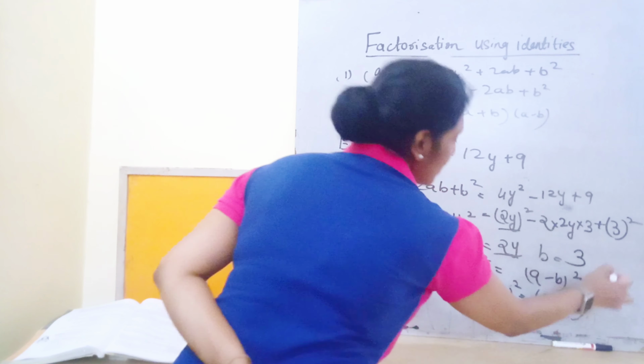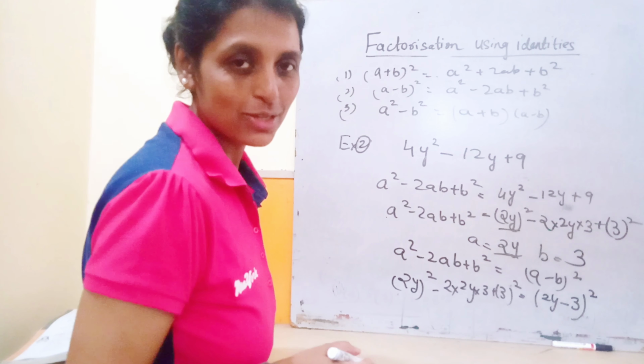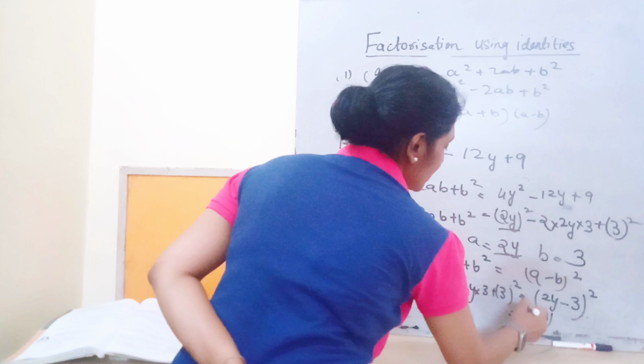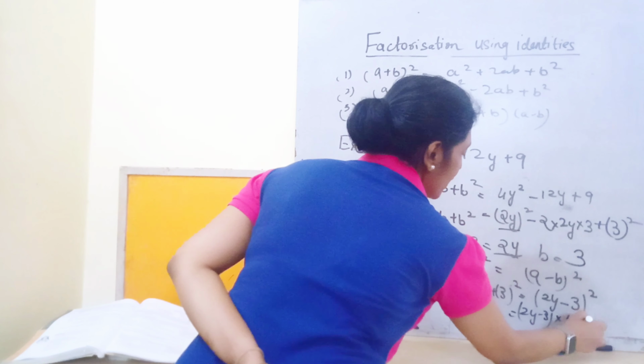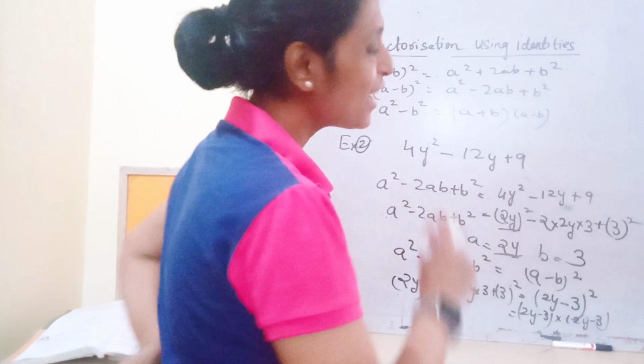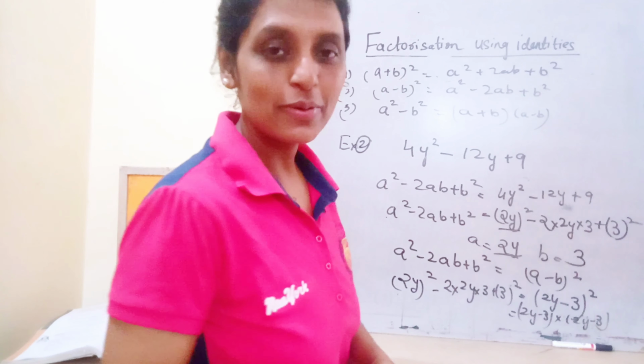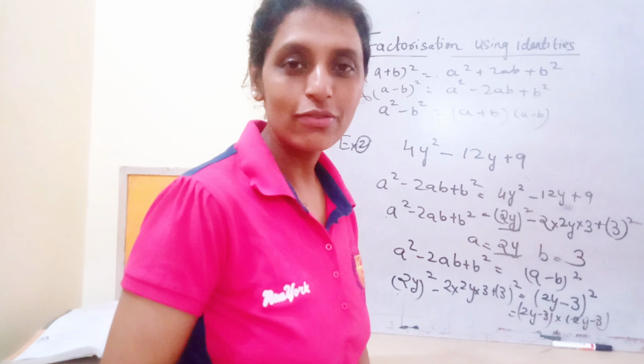So (2y minus 3) whole square, or (2y minus 3) multiplied by (2y minus 3). So this is the required factorization of the algebraic expression 4y square minus 12y plus 9.